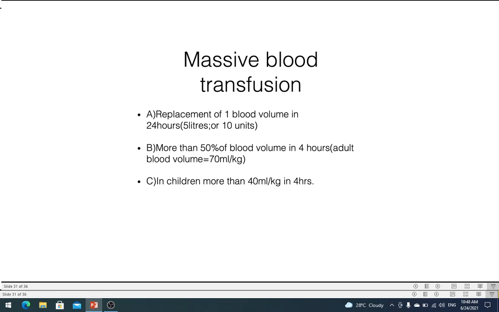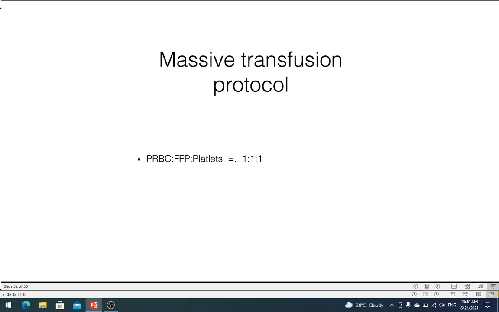Or if there is a transfusion of more than 50% within 4 hours, that is also called massive blood transfusion. In children, it is about 50 ml per kg within 4 hours. So this is about massive blood transfusion. The other thing that you must remember is when you give a massive blood transfusion, I told you, blood components, not whole blood.